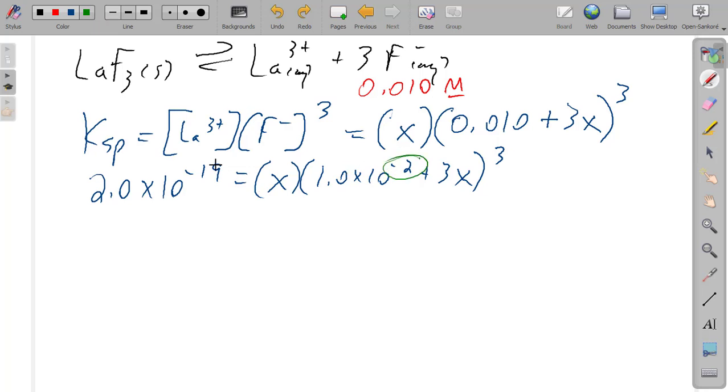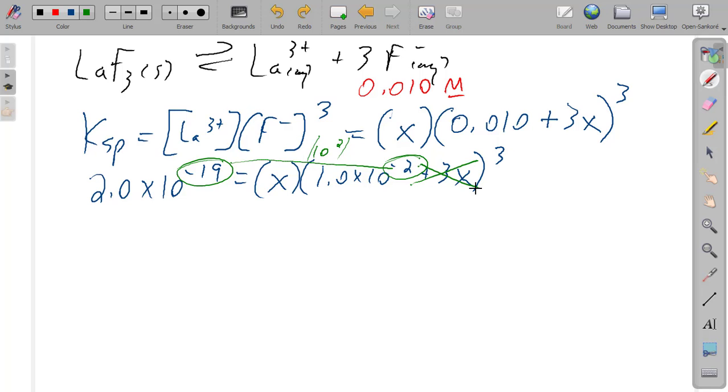When I look at this minus 2 and this minus 19, are they at least an absolute difference of 10 to the 2 different? I would say they are. Minus 2 and minus 19 are 17 orders of magnitude different from each other, which meets that criteria, which says then we don't have to worry about the plus 3x.